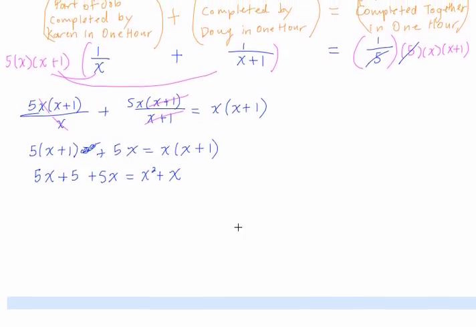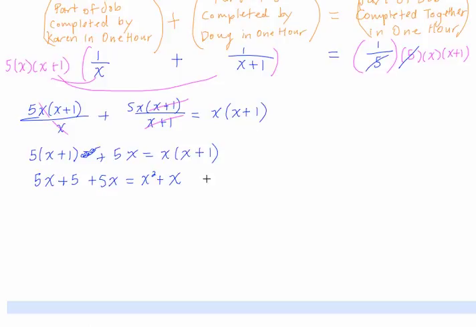So let's get everything on one side and combine like terms. So I'm going to move all this stuff on the left over to the right. So we'll have 0 equals x squared. Now we have 5x plus 5x, that's 10x. So if I subtract 10x from both sides, I'll have x minus 10x, which is negative 9x. And if I subtract 5, we'll have minus 5.